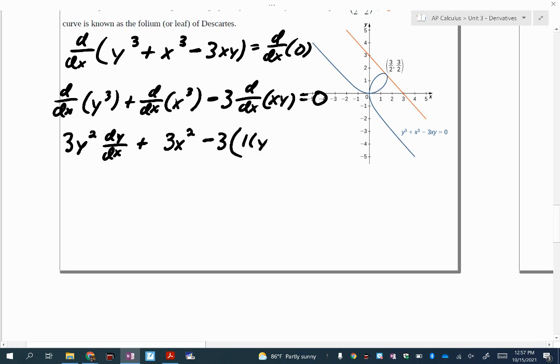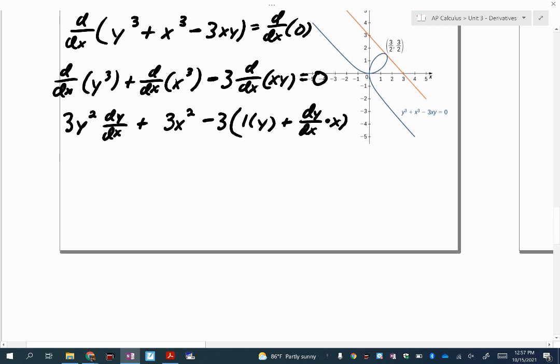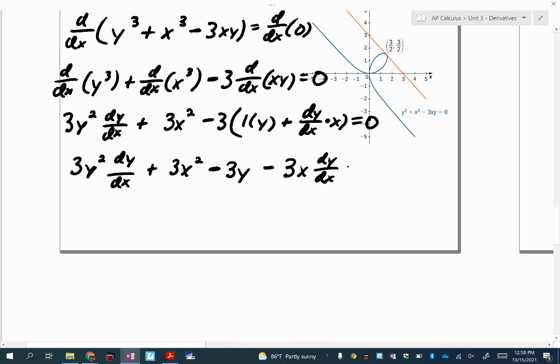So 1 times y plus the derivative of the second, which is dy dx, times the original first, which is x. All right, so I'm going to distribute that 3. So 3y squared dy dx, I need to write equals 0. Keep forgetting that. Plus 3x squared. Here's my distribution. So minus 3y, and then minus 3x dy dx.